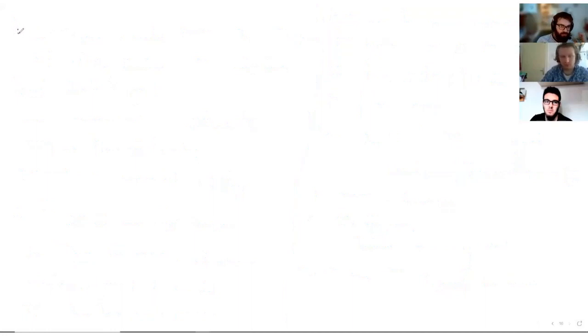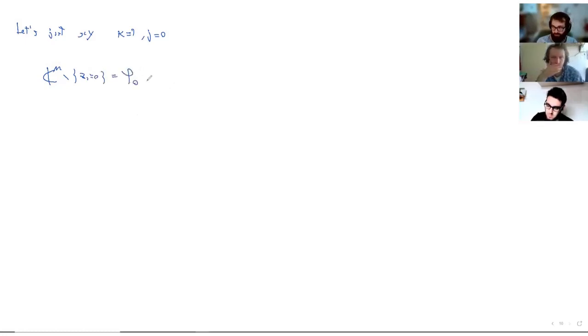So for simplicity, let's just say that k was 1 and j was 0. So we just work with the first two coordinates and it's easier to write everything. But otherwise, of course, this works in general. So we start from Cn minus Z1 equals 0. And why is this? Because this is nothing but phi 0 of U0 intersected U1.